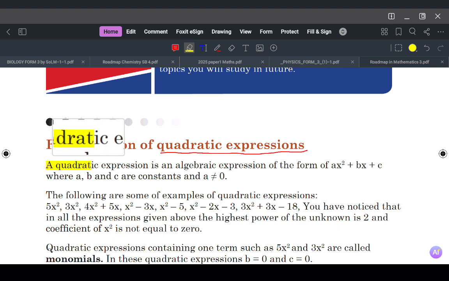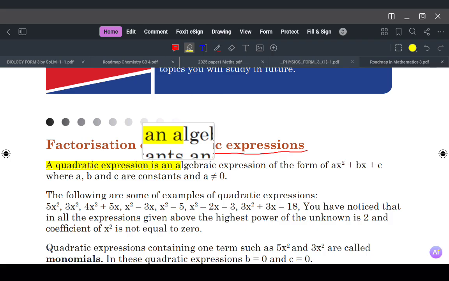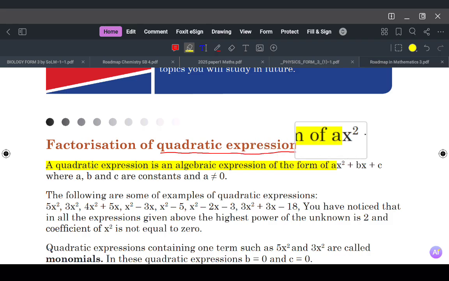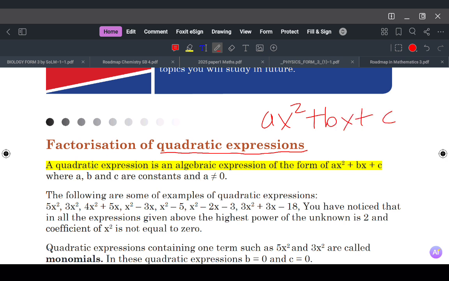We shall define in this lesson a quadratic expression as an algebraic expression of the form ax squared plus bx plus c. So any expression of the form ax squared plus bx plus c is called a quadratic expression.